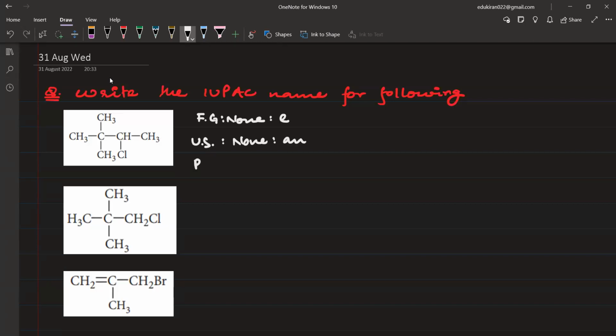Now we have to look at the parent. So for the parent, we can start from this carbon atom also, this carbon atom also, this carbon atom also, and this carbon atom also, right? You can write A, B, C, and D. These are the 4 terminal carbon atoms, right? Where should I start from? Tell me quickly, where should we start from?